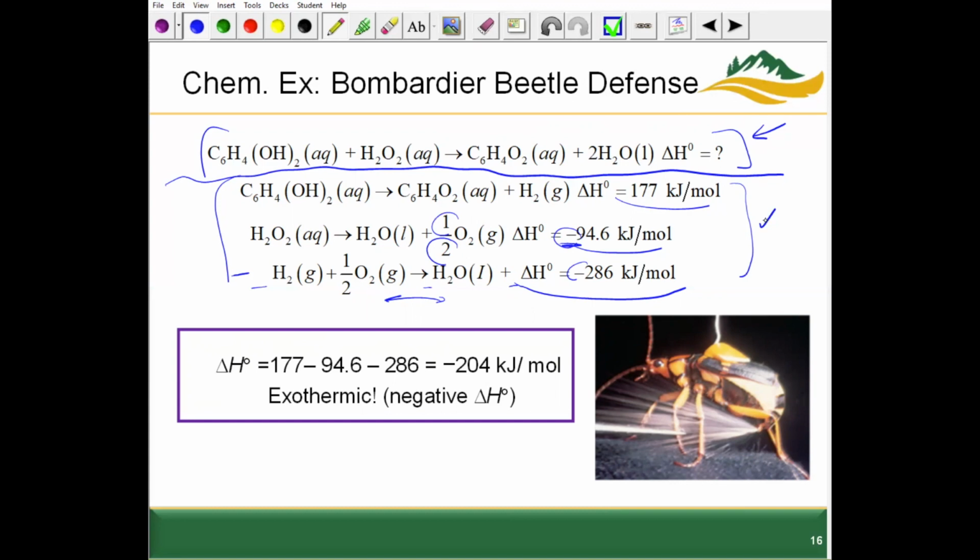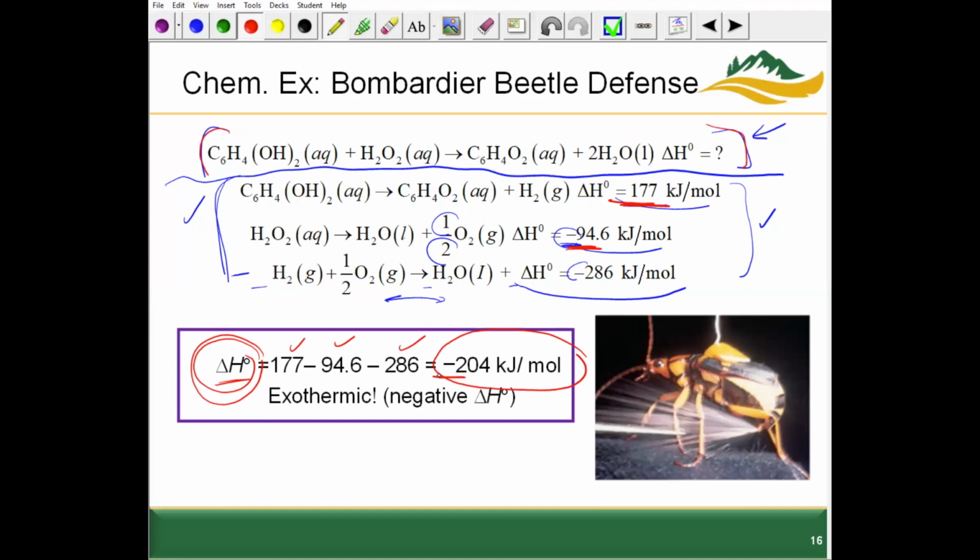For example, then, let's say these reactions were already set up fine. We didn't need to change the sign or multiply any of these values by 2 or 3 or 4 or divide by 2. Let's say they were all set up as they should be. That means we can find the standard enthalpy of the reaction by adding this delta H plus this delta H plus this delta H to get the standard enthalpy of the reaction for this overall reaction.